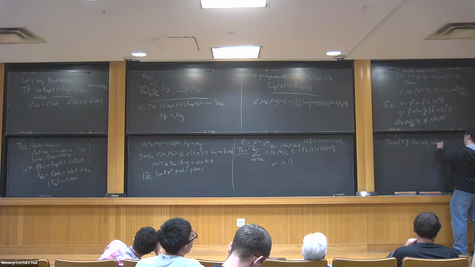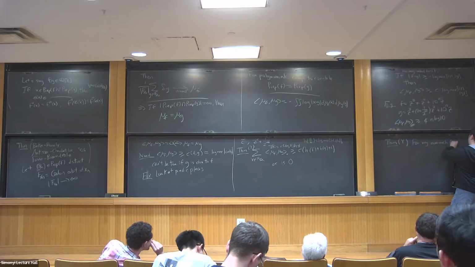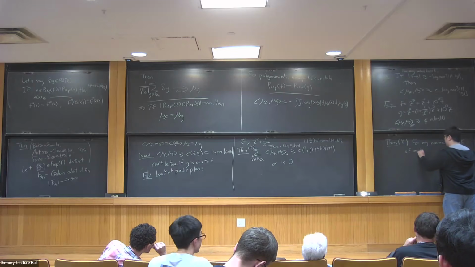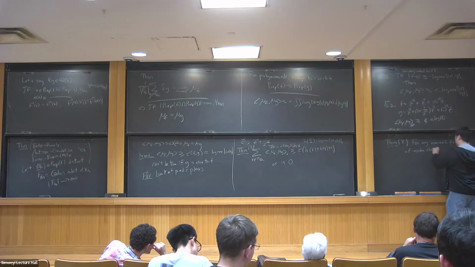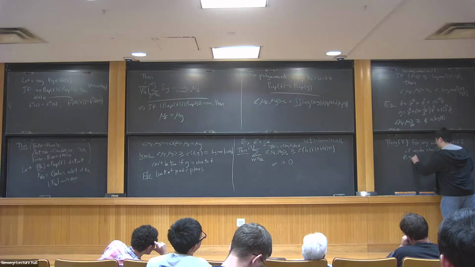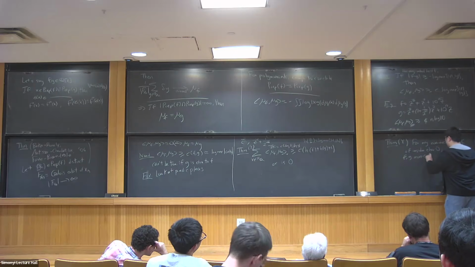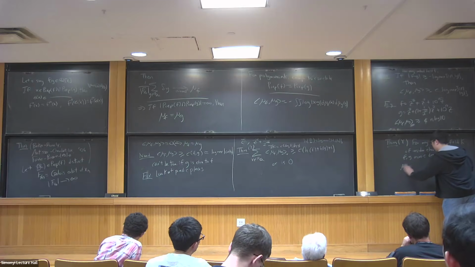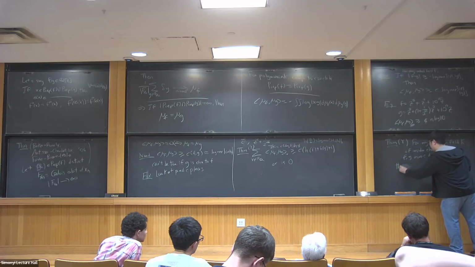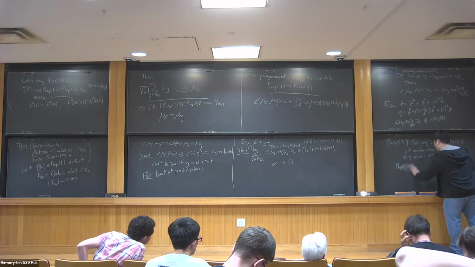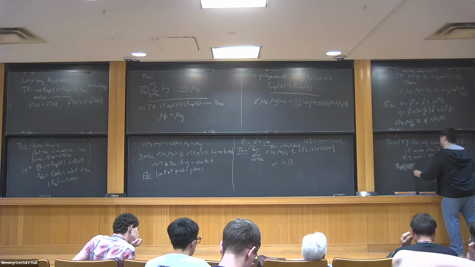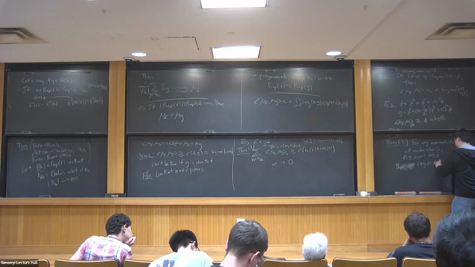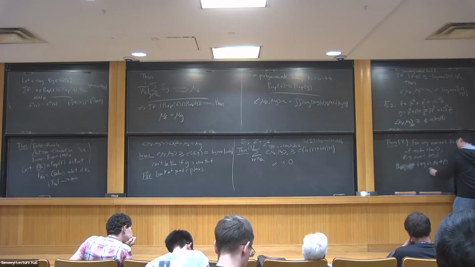For any non-Archimedean field K of residual characteristic 0, again F and G are monic of degree D. Then if F is not equal to G, this implies mu F is not equal to mu G, which implies the pairing is positive.